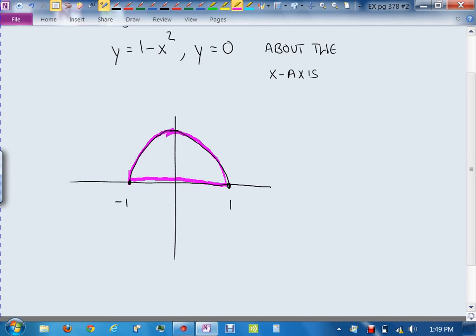And we're not finding that area, right? We want to rotate that region around the x-axis. So I can imagine coming in here with a vertical rectangle, not horizontal, vertical rectangle. That rectangle, when I spin it around the x-axis, creates my solid washer.